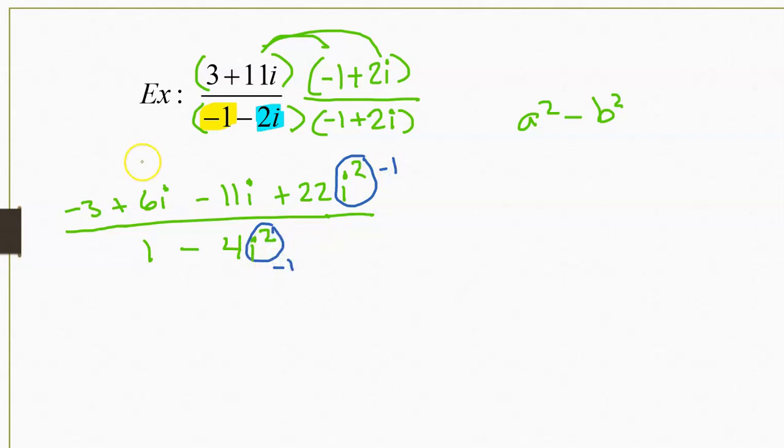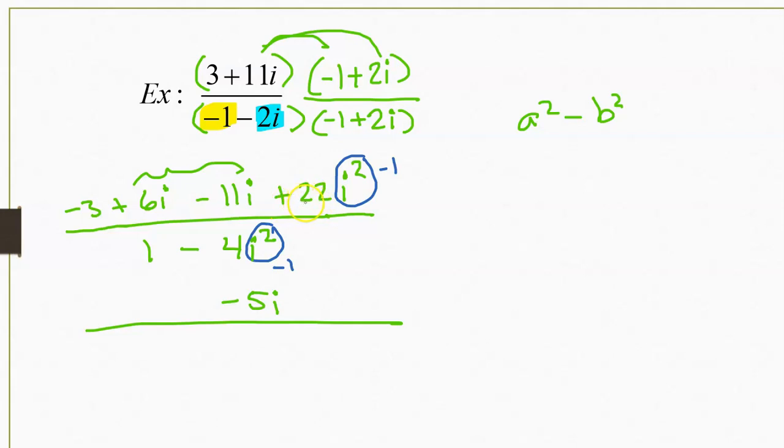So on my next step, when I combine these like terms right here, that's going to give me negative 5i. So I have negative 5i. This negative 1 is going to turn the positive 22 into a negative 22.